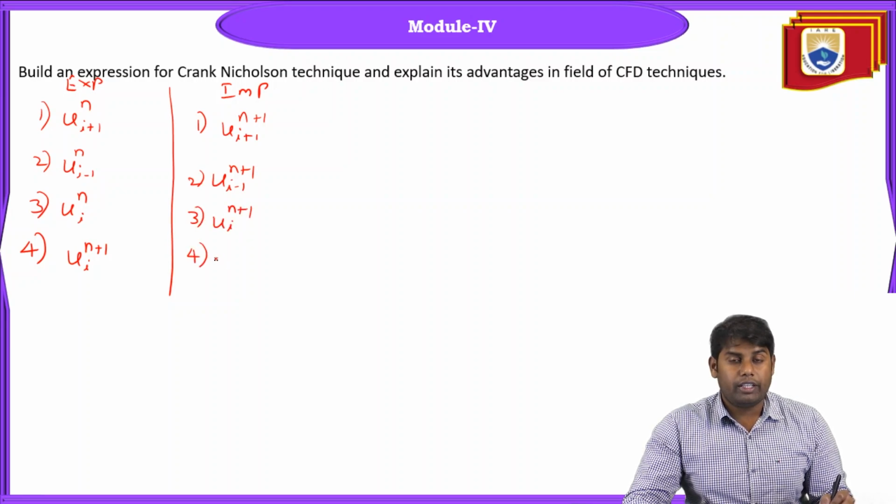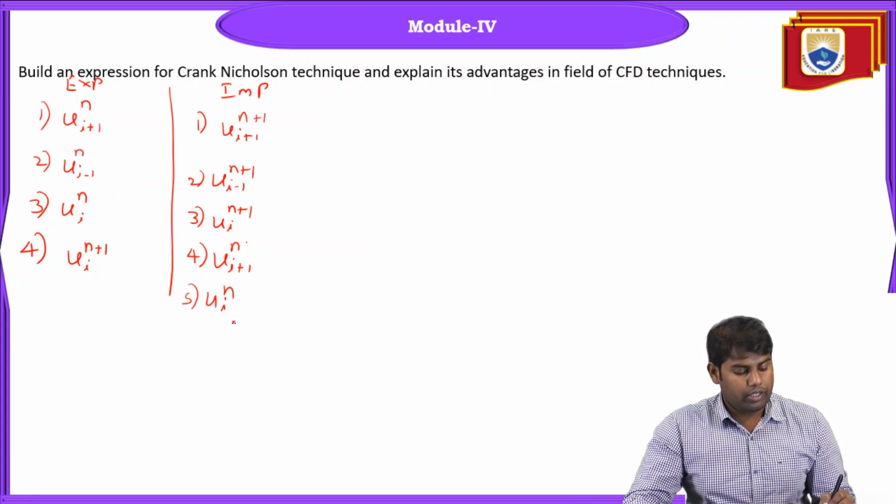And the fourth one is u of i to the power of n. Here only one parameter is known, which is u of i to the power of n.